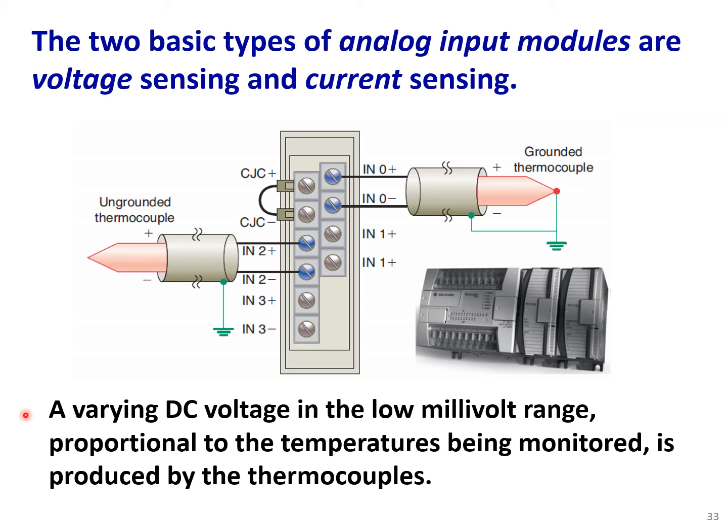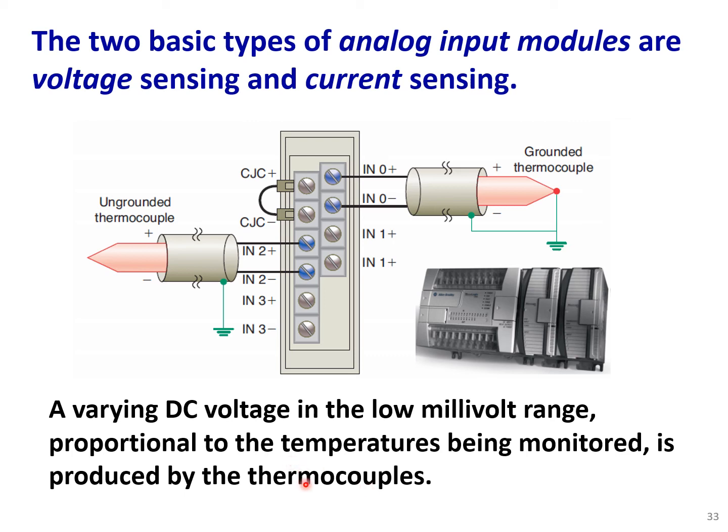A varying DC voltage in the low millivolt range, proportional to the temperature being monitored, is produced by the thermocouple. So here, in this case, we have the thermocouple and a thermometer.